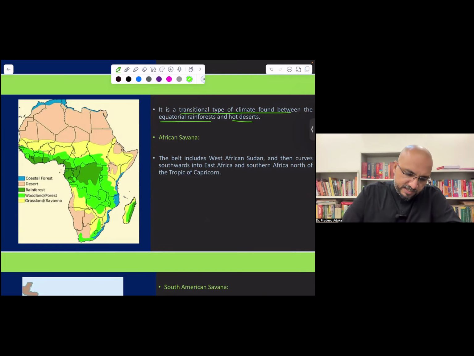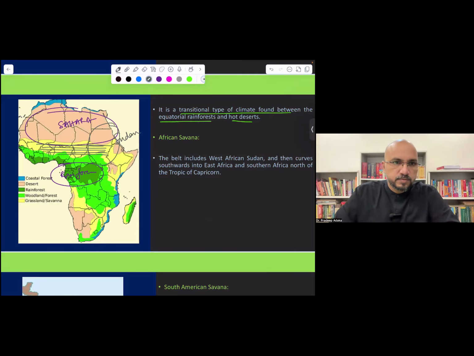So you can see here, you have the Sahara desert here. Right. And here you have rainforest. So between these two, this is Sudan.